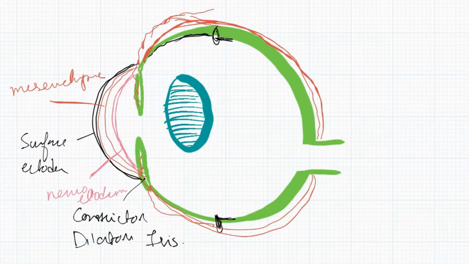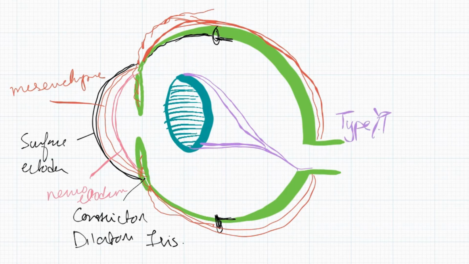The primary vitreous consists of hyaloid vessel, which is providing nutrients to the lens. The secondary vitreous consists of type 2 collagen, which is formed by the retina.